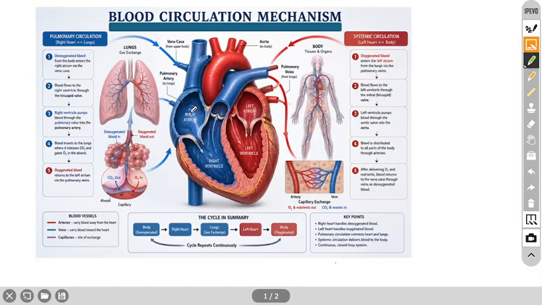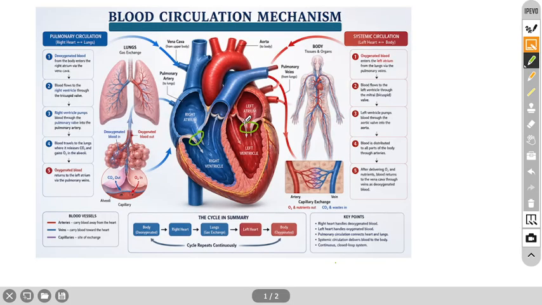The right atrium and the right ventricle are connected by the tricuspid valve. The left atrium and left ventricle are connected through the bicuspid valve, also known as the mitral valve.